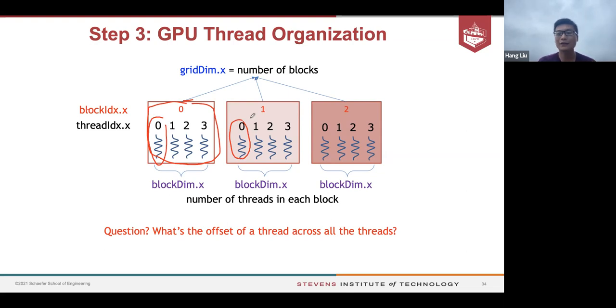So we cannot just use the thread ID in the block to uniquely identify the threads across the entire grid, or basically across all the threads. We basically have to use the block ID, like the group ID, as well as the thread's ID inside of this group together to decide the unique ID of this thread, right?